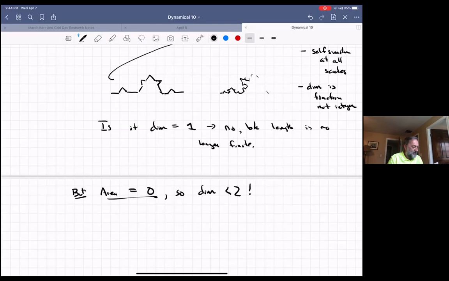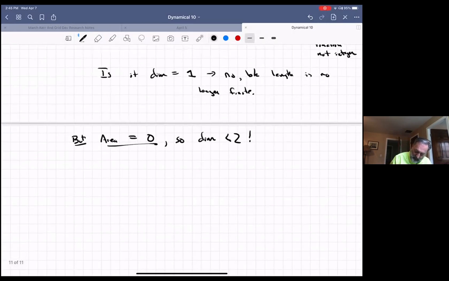Okay, and so one way to define the dimensionality is to do the similarity dimension. And the way you define similarity dimension is, all right, where did I define similarity dimension in the book? The dimension is the natural log of m divided by the natural log of r, where m is the number of copies and r is the scale.